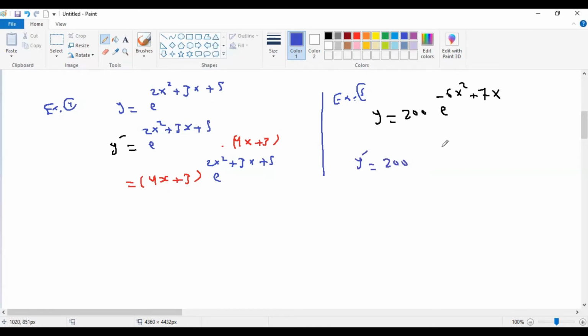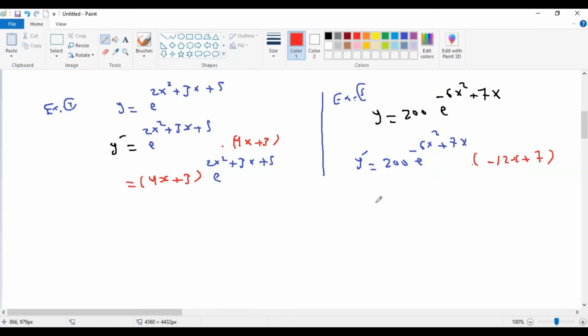And e is the same: e to the power minus 6x squared plus 7x multiplied by the derivative of the power. The derivative of this power is negative 12x plus 7. Okay, so this is the answer.